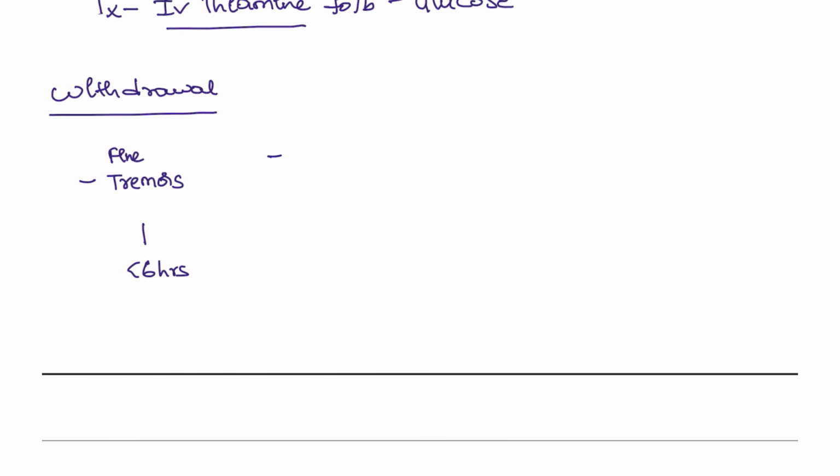Next, the patient can have auditory hallucinations, at around 12 hours, or less than 12 hours. Next, the first generalized tonic-clonic seizure occurs around 24 hours after the patient's last drink.